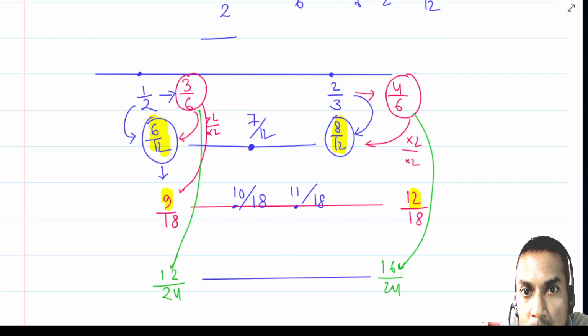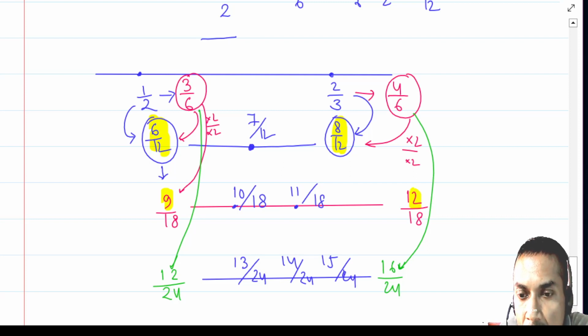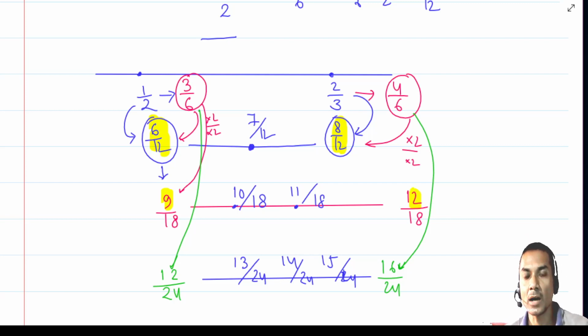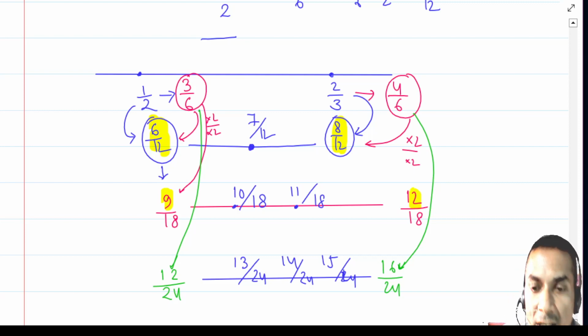How many numbers are possible? 13, 14 and 15. So 13/24, 14/24 and 15/24. So three rational numbers we find in between 1/2 and 2/3. This way we find more rational numbers in between the given two rational numbers.